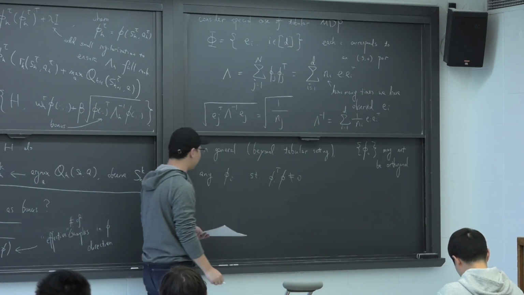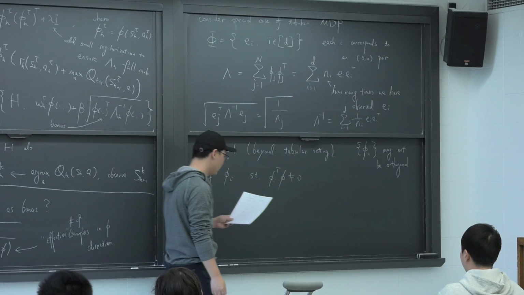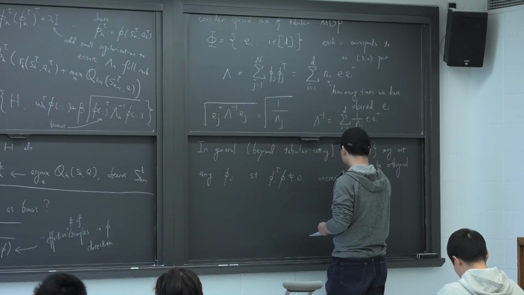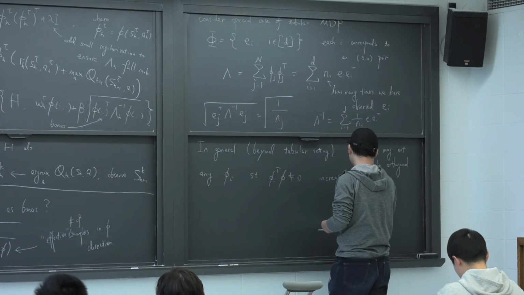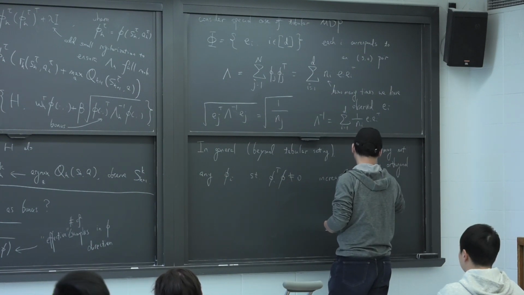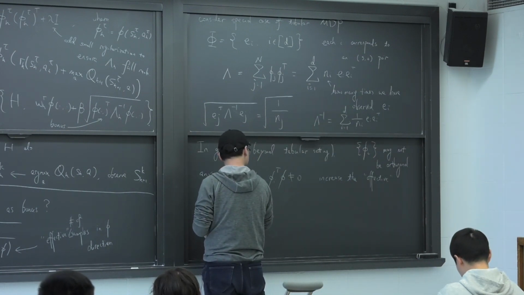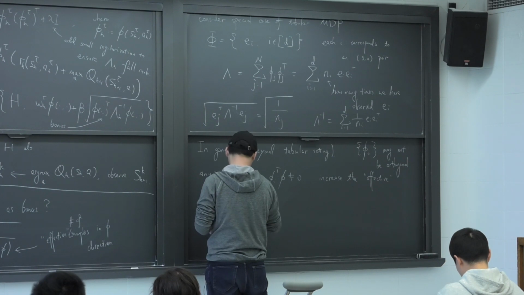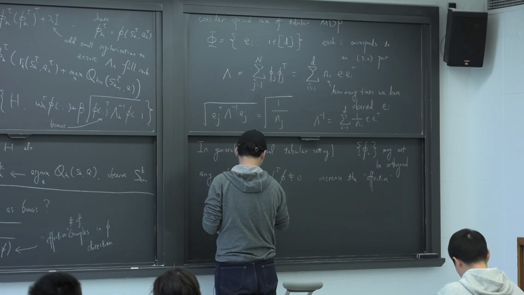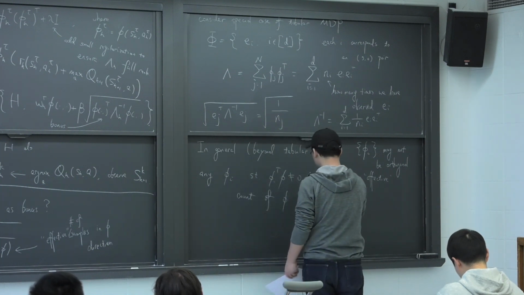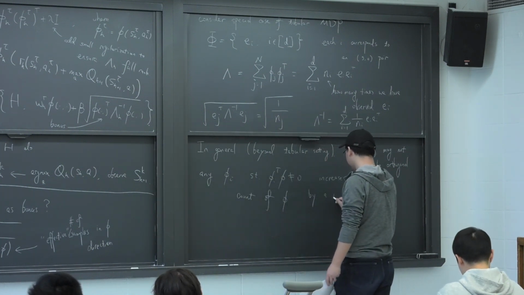As long as this phi is not orthogonal to phi_i, it will increase the effective number of phi by a number between 0 and 1.